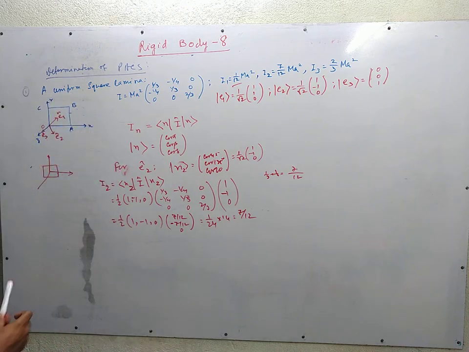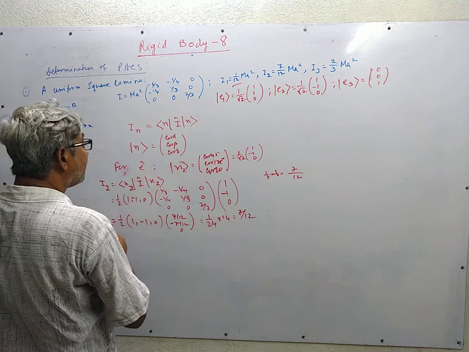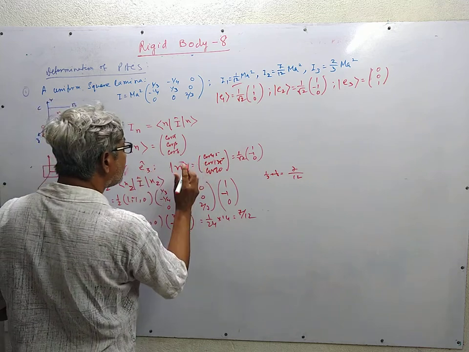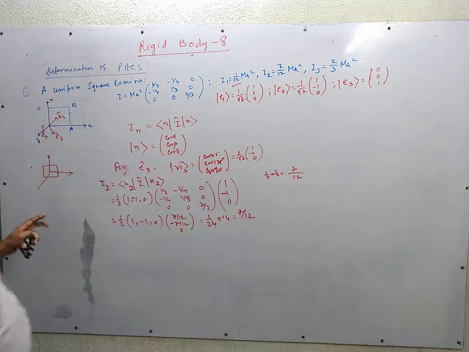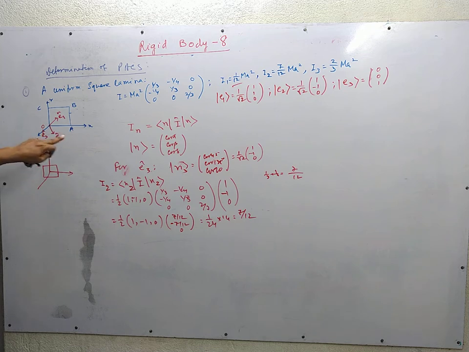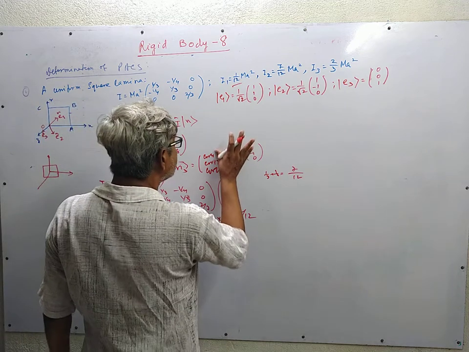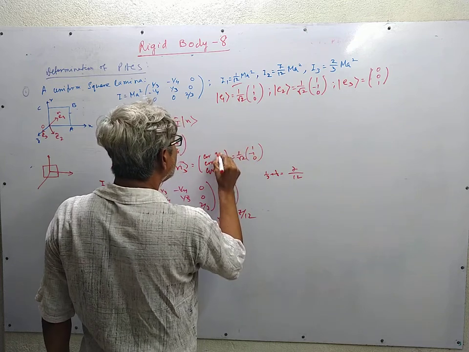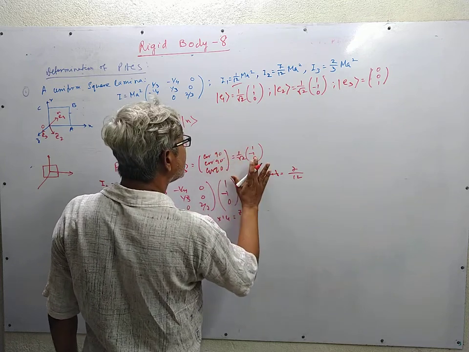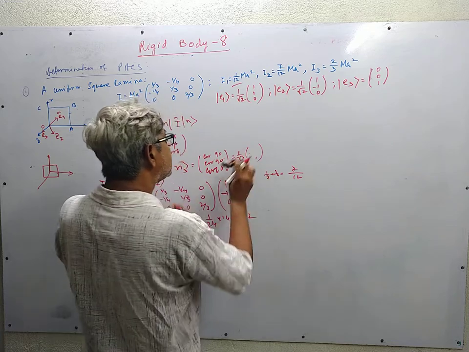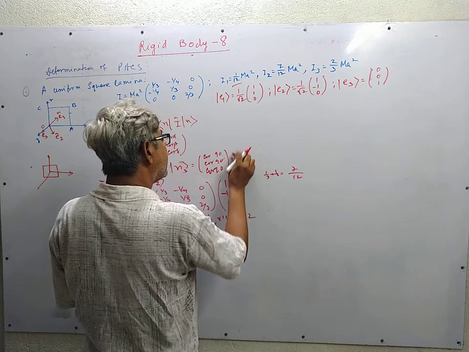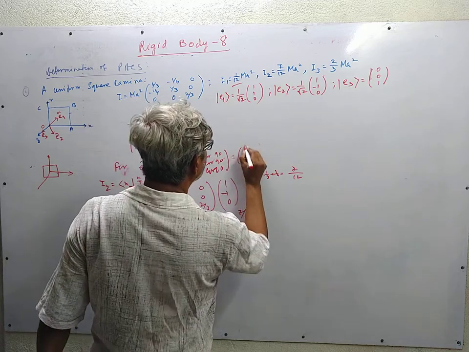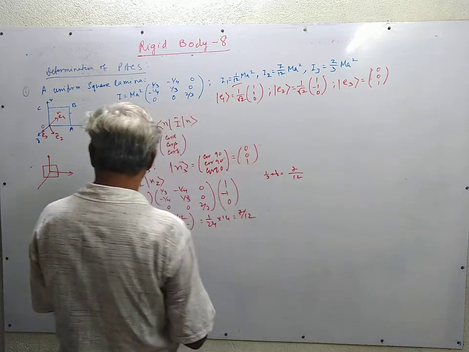And for E3, we have to find the direction. E3 makes a 90-degree angle with the x-axis, a 90-degree angle with the y-axis, and a 0 angle with the z-axis. So this is 90, 90, 0, and the transformation matrix is 0, 0, 1.